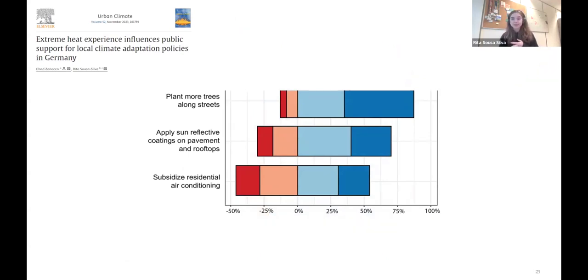We also asked about creating more green spaces, but also changing the pavement and the rooftops, or subsidizing air conditioning. And you can clearly see there is a difference in the level of agreement and support. So the support for planting more trees and for having more green spaces is way higher than the other options that we suggested. So there is some room for actually implementing these strategies.